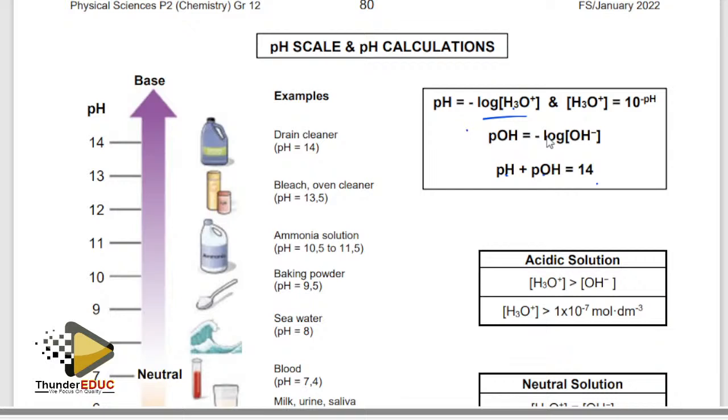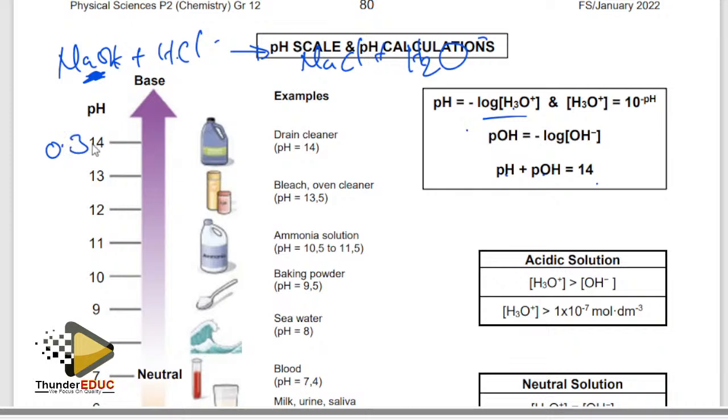For example, you have sodium hydroxide plus hydrochloric acid, which gives sodium chloride plus H2O. Now they want you to calculate the pH, but they have given you the concentration of the base, maybe 0.3.